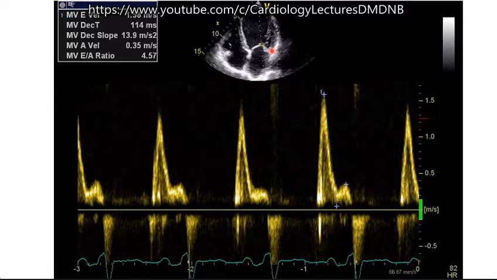Can you tell me at what velocity will you consider it as abnormal, and what will be the relationship of the duration of the AR reversal with that of the mitral A wave? Any one of you?